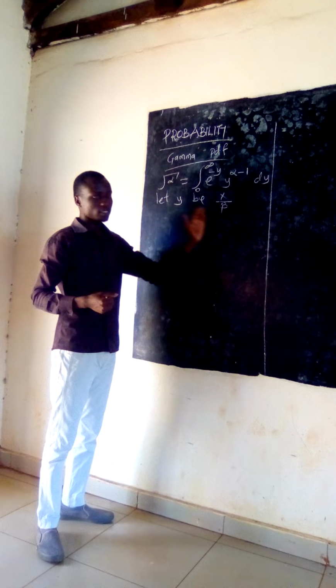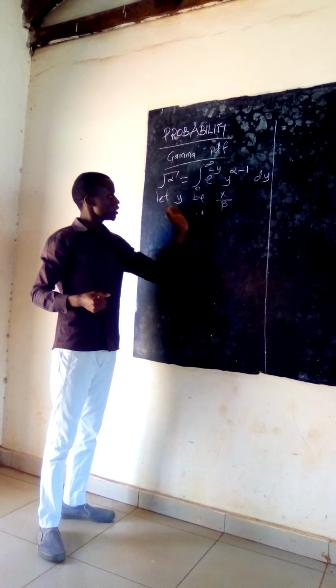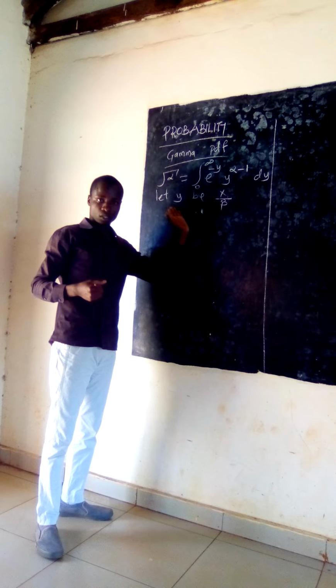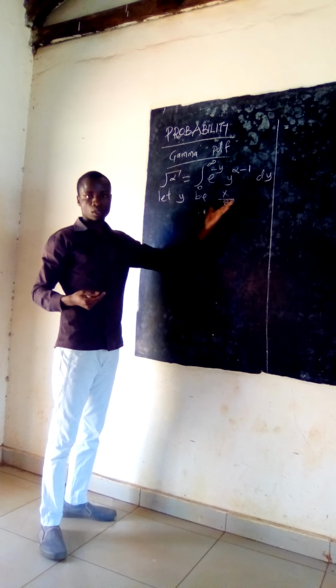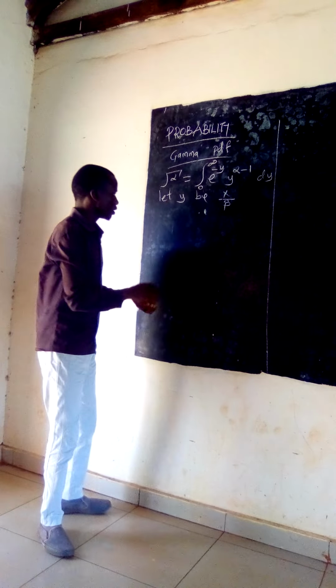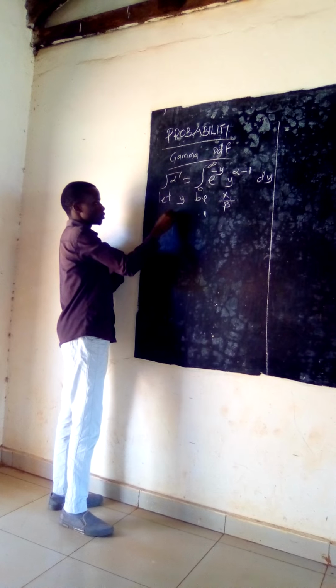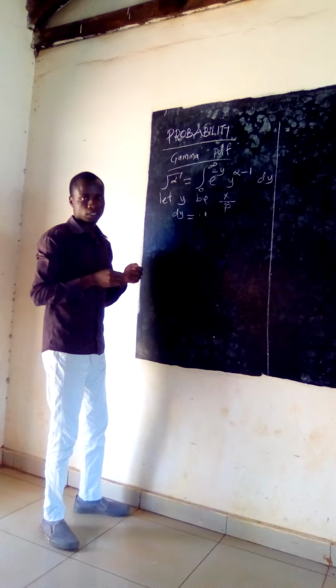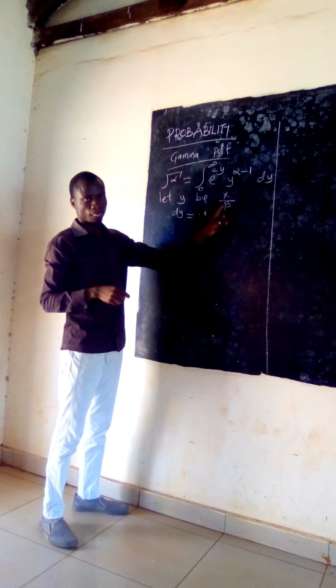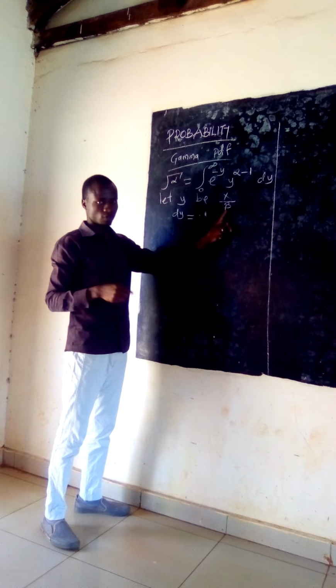After that, I can get dy dx, having known the equation of y. So what is dy dx? Remember y is equal to x over beta.